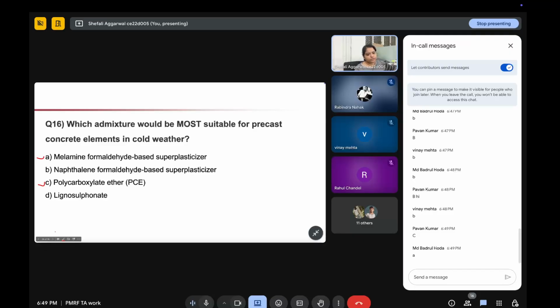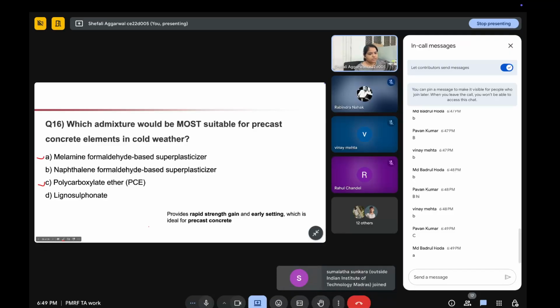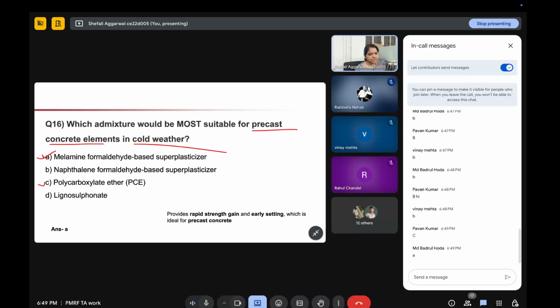The answer is actually A, since we are talking about cold weather and precast concrete elements. Melamine formaldehyde will provide a rapid strength gain and early setting, which are required for the precast concrete.